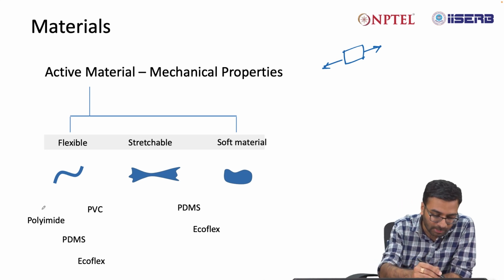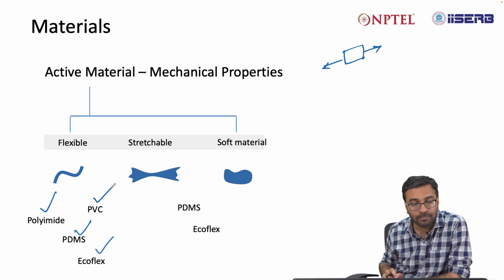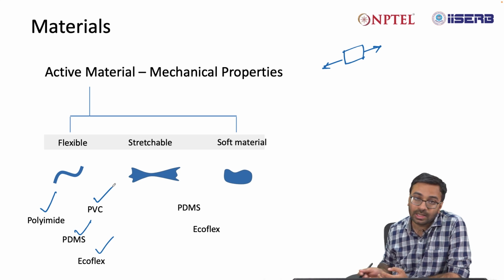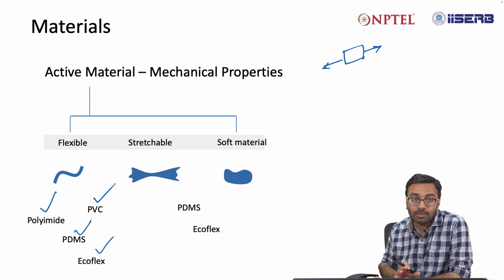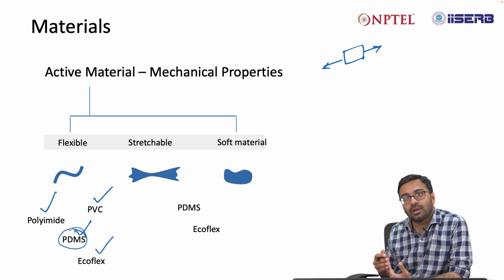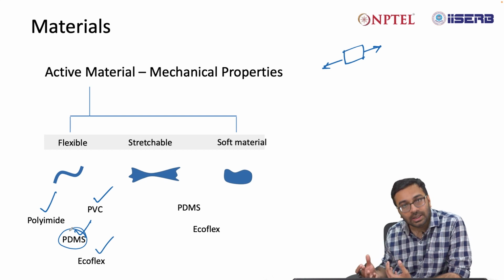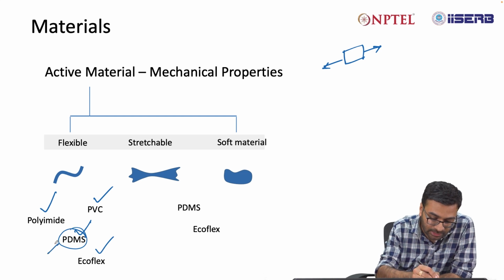There are different examples again given over here. For example, polyimide, PDMS, Ecoflex, PVC, these are flexible materials. And then if you need conducting polymers, then again you have to check different polymer composites so that you can make a polymer composite with PDMS. For example, you can synthesize metal nanoparticles and make a composite with PDMS.